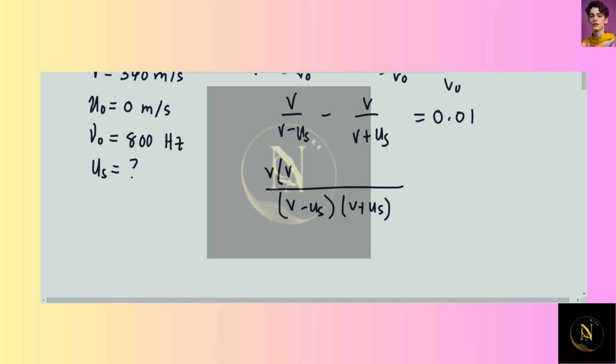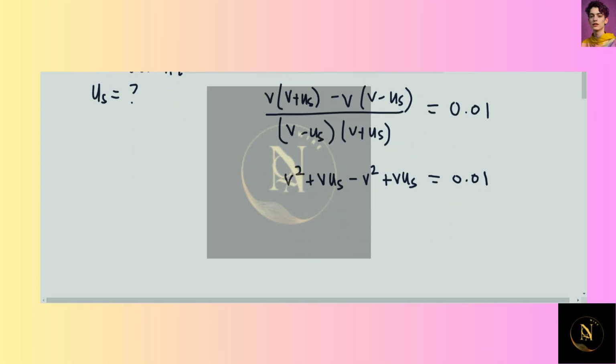So that's going to give us something like this on the top. And then I'm just going to multiply everything in. So we've got V squared plus V US minus V squared plus V US on the top. Obviously, we can go ahead and cancel out those V's.